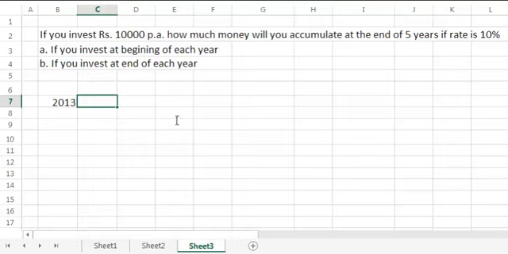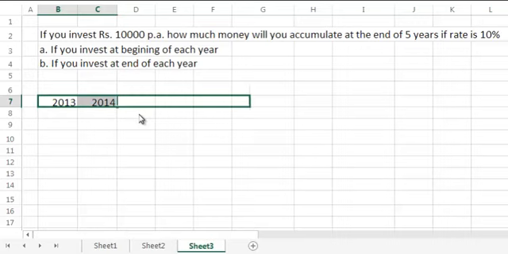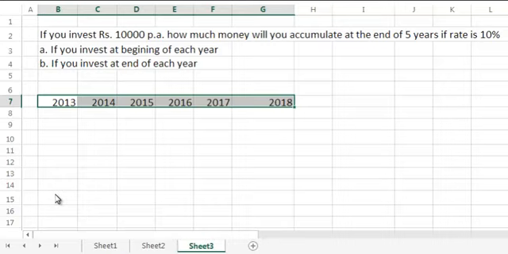You end at the end of 2018. So 2013, 2014, and if you drag it down, that's 2014, 2015, 16, 17 and 18.